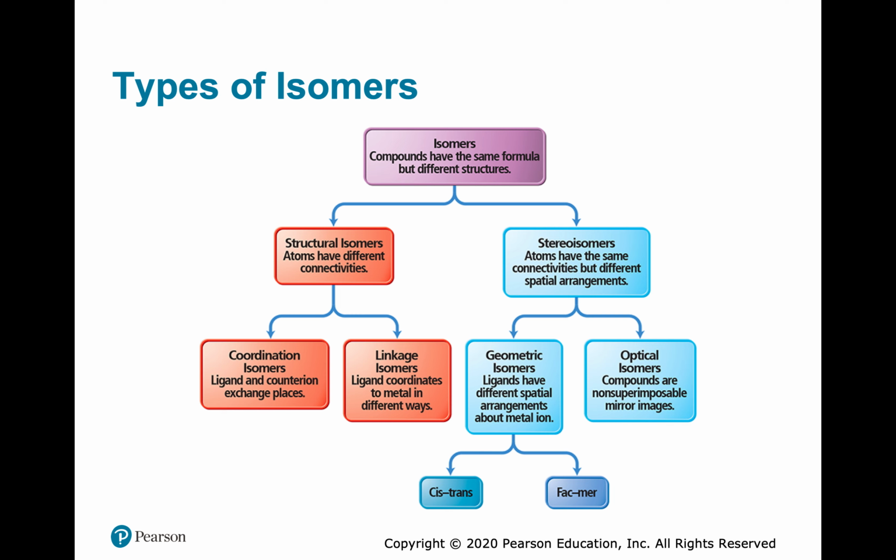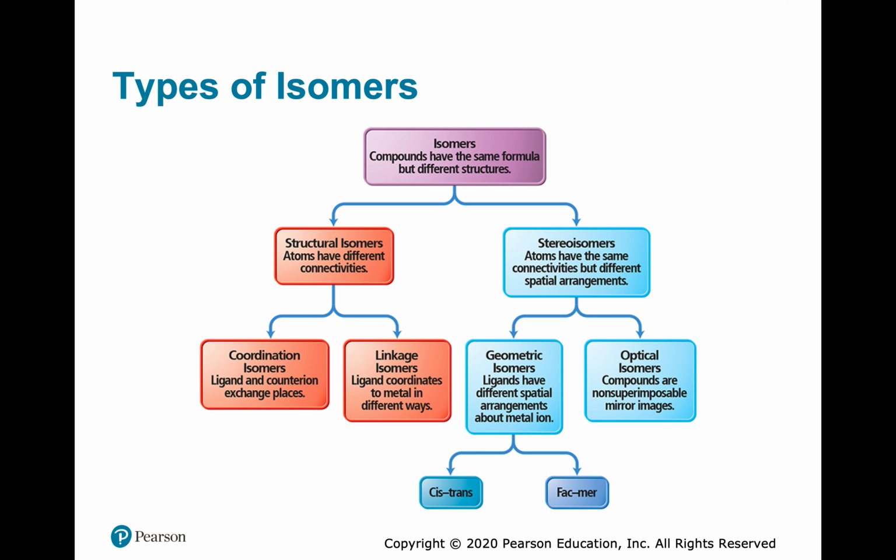The structural isomers are just with the ligands in different places, and linkage isomers are joined in different ways. Stereoisomers, we already mentioned the optical isomers. The geometric isomers, you can have cis-trans in the square planar geometry.